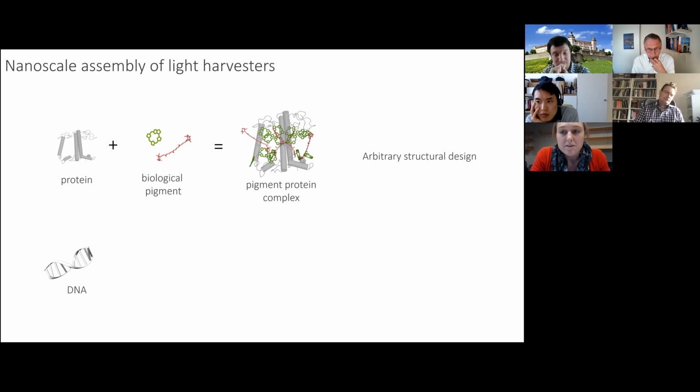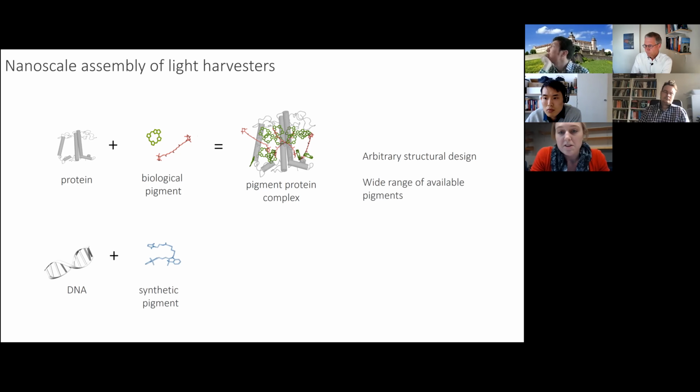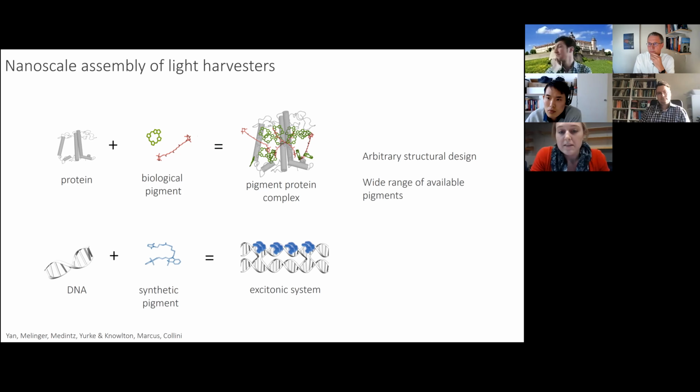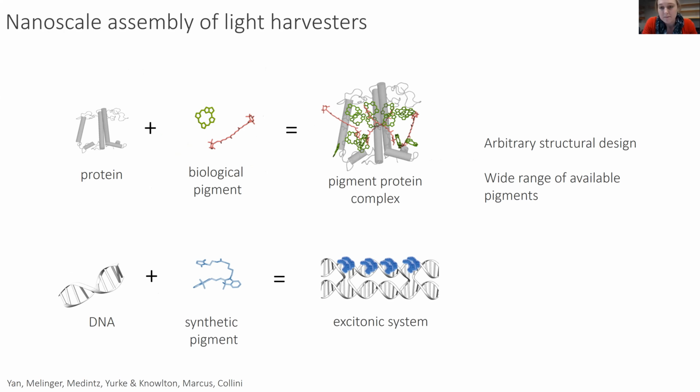Here we can leverage Watson and Crick base pairing to generate any kind of arbitrary 1, 2, and 3-dimensional structure with a fair bit of spatial control over the systems that we're designing. In conjunction with the use of synthetic dye chromophore systems, we can access a large portion of the visible range, which in total gives us a relatively tunable excitonic system with which we can start to explore the key parameters that underlie exciton dynamics.